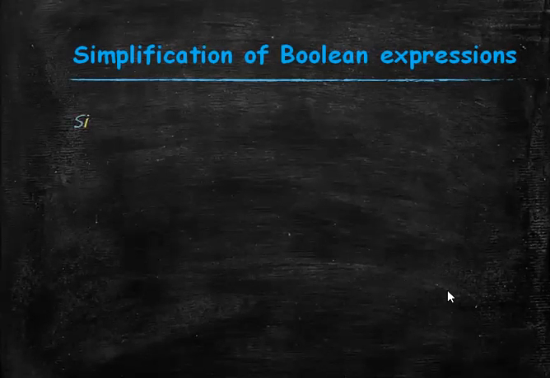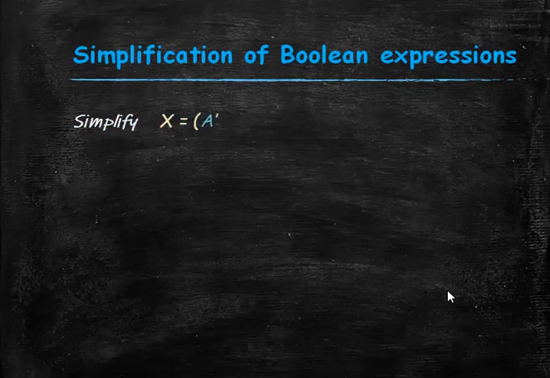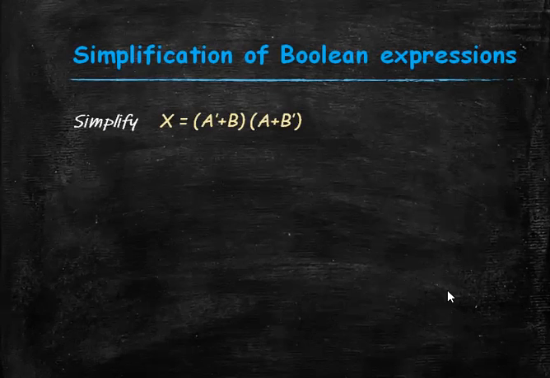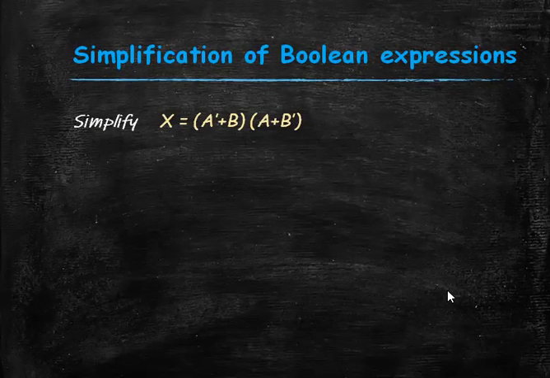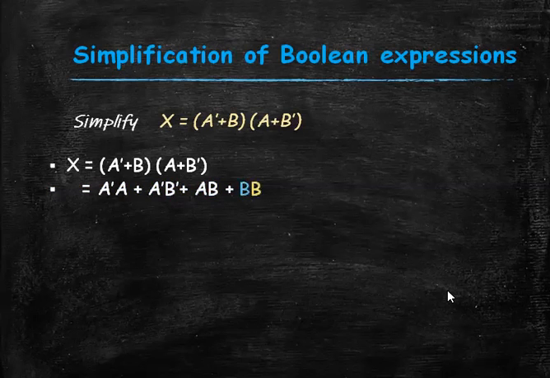The next question is simplify X is equal to A bar or B and A or B bar. We take the product, we get A bar A or A bar B bar or AB or BB bar.